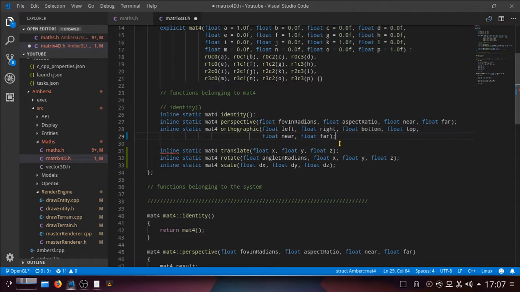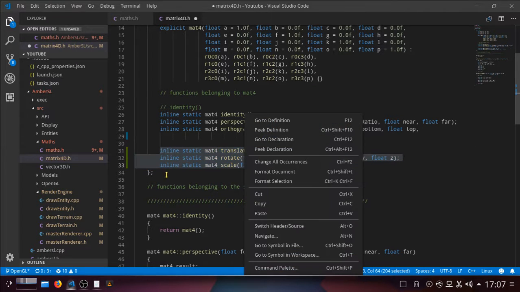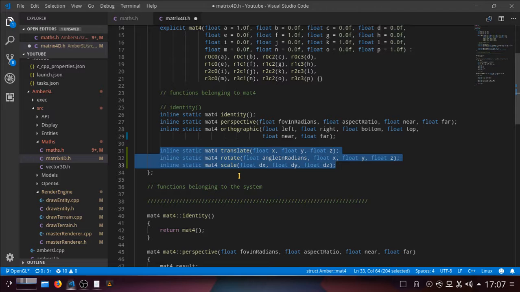And I remember that, and I can never remember. I actually remember doing a mistake and never correcting it. That was clever of me. Right, what's up here? Nothing, thank you. So we now have 3 more Mat4s that belong to Mat4. So I can now take those, copy them, and we can just add them below orthographic.